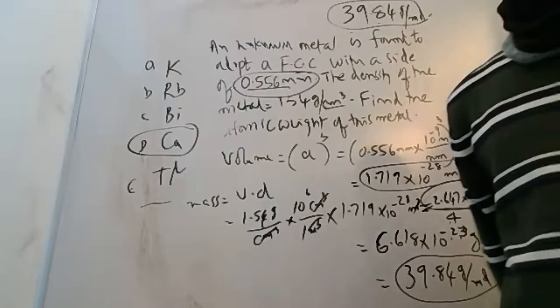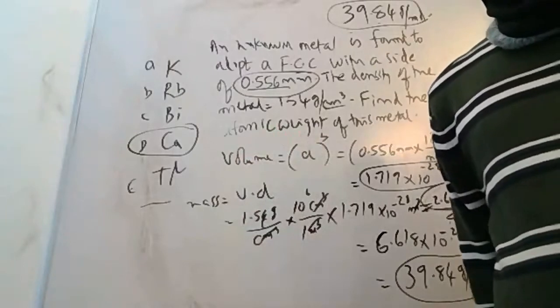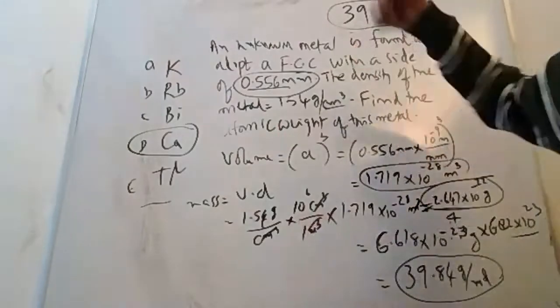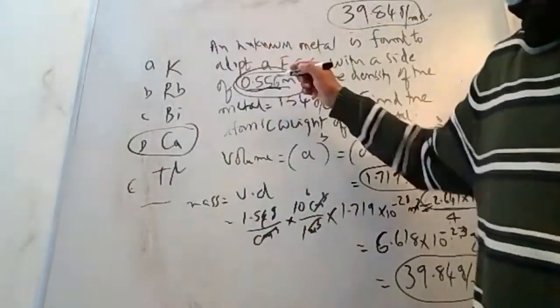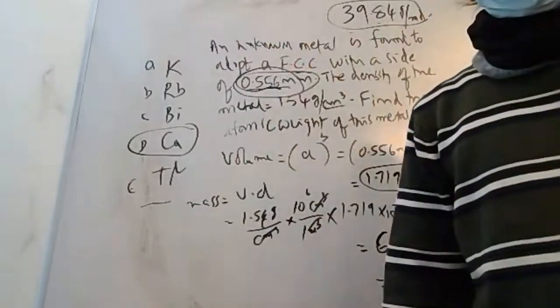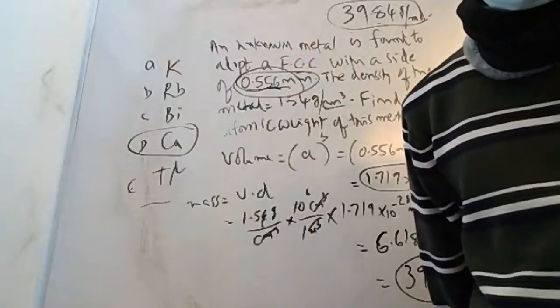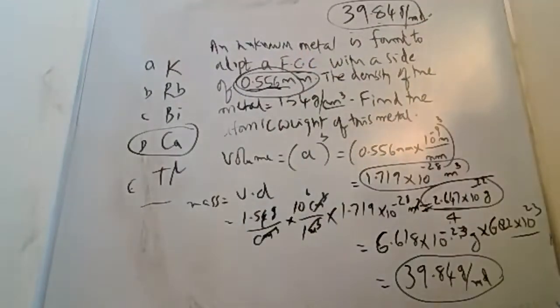In here we solved for the atomic weight, but if you already know the identity of the metal, then you can reconstruct the entire roadmap and calculate the side of the cell, and you will come to 0.556 nanometers. That's the beauty of solid-state chemistry. Am I making sense here?